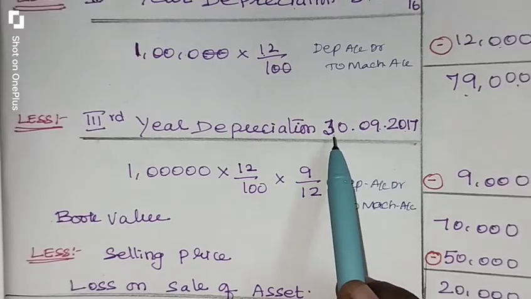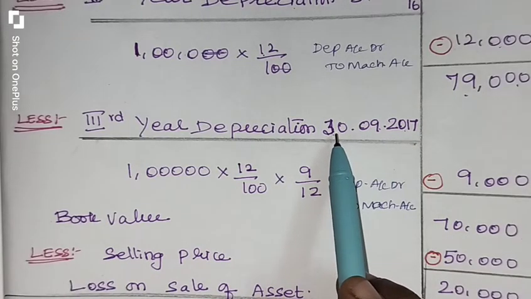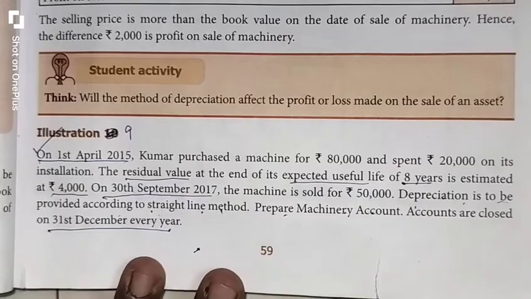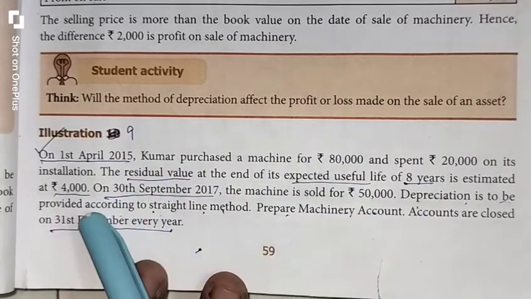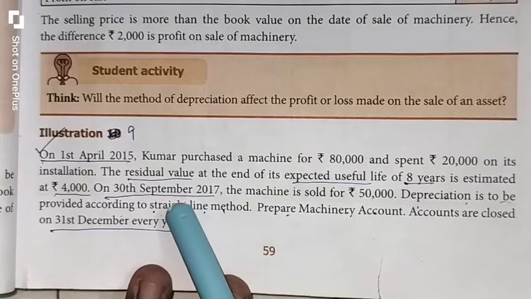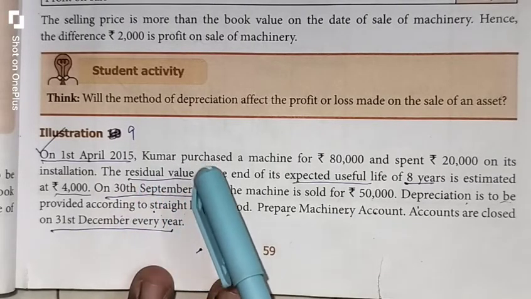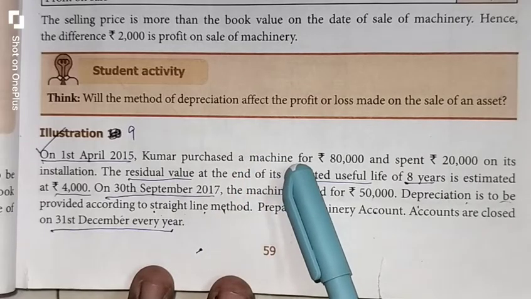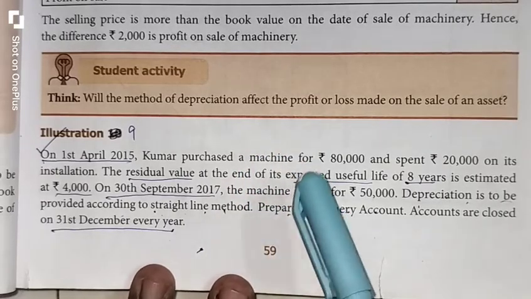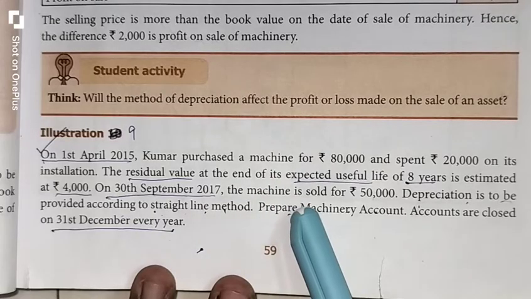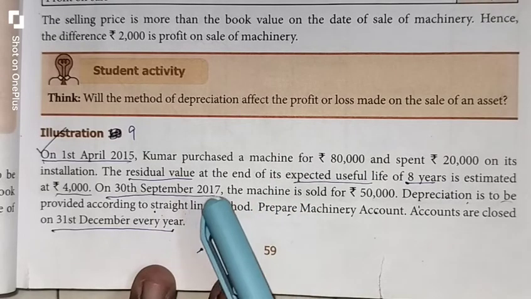Now we are going to find the third year depreciation with 30/9/2017. How do we calculate this? Listen, in some questions we calculate 3 years of depreciation, and in some transactions we calculate 2 years. How can we calculate these years?